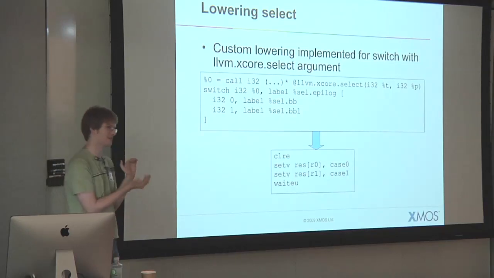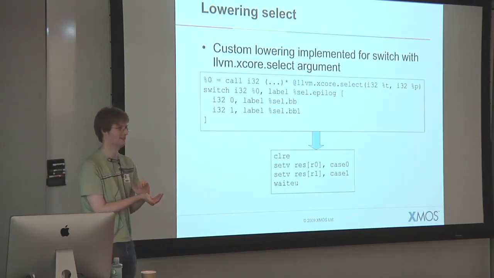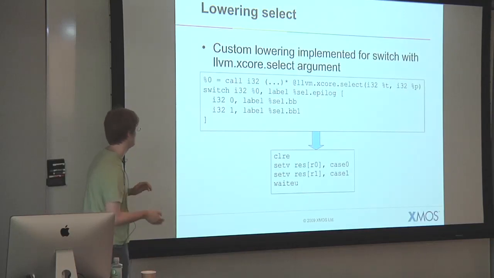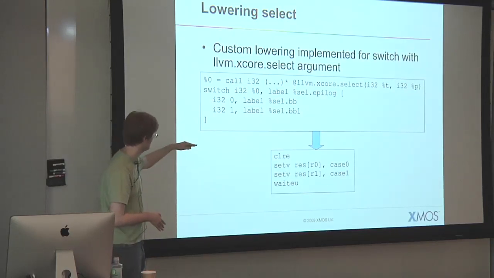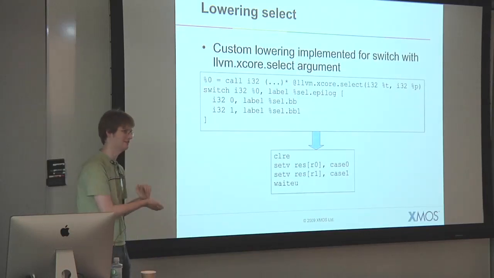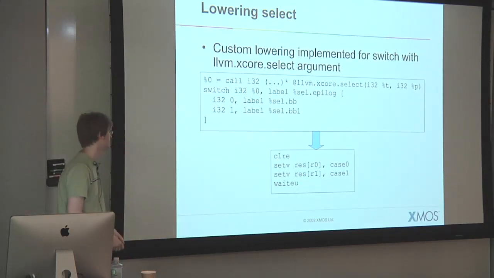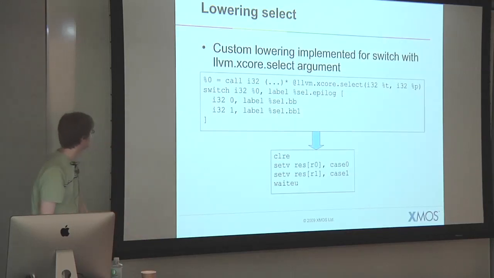We then match that combination in the XCore backend, and at that level we can deal with the address of basic blocks, and we can match that combination to the code to set up the vectors, and then wait, and then the hardware will jump to the right place when an event comes along.